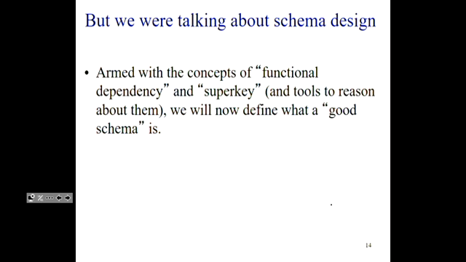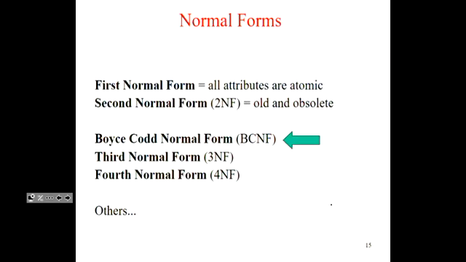Okay. So with these notions, let's go back to our original question on how to design good schemas. We'll describe various notions of what it means for a schema to be good. So the first notion is this notion of Boyce-Codd normal form. And remember, I had mentioned this, that there are various ways of decomposing a set of relations to give you smaller relations.